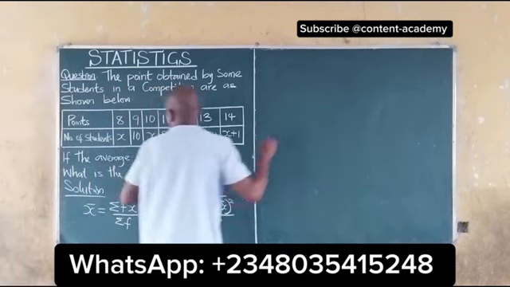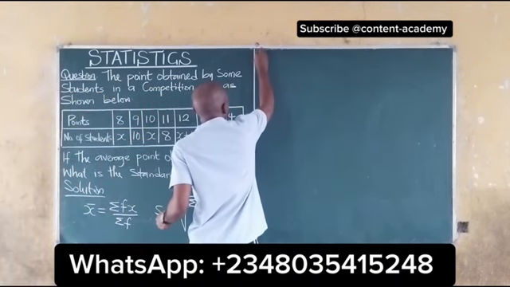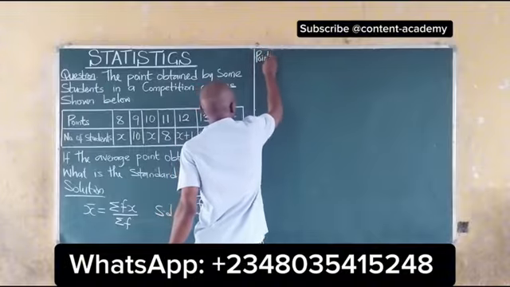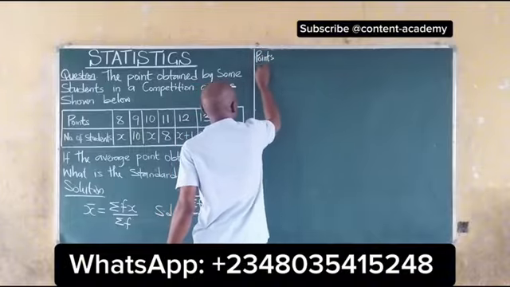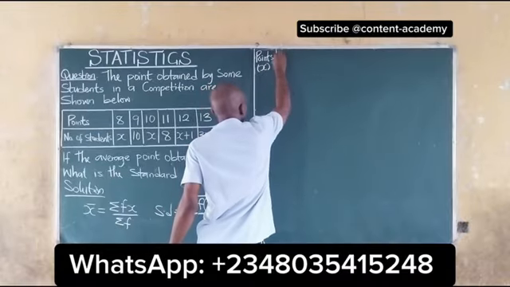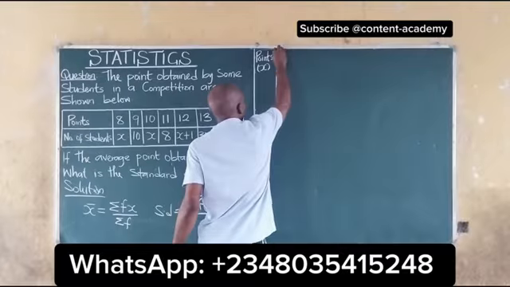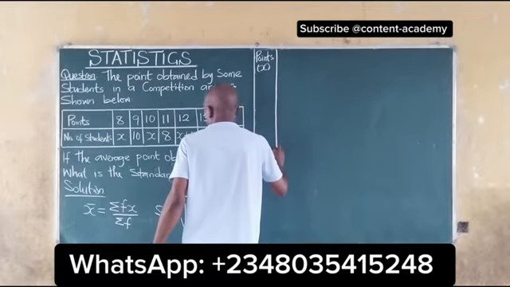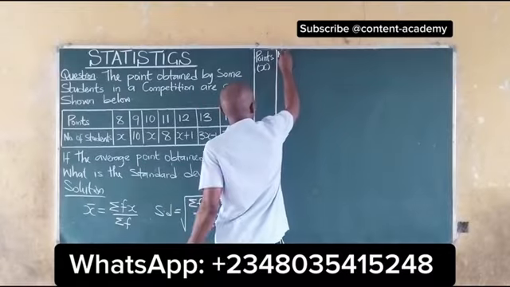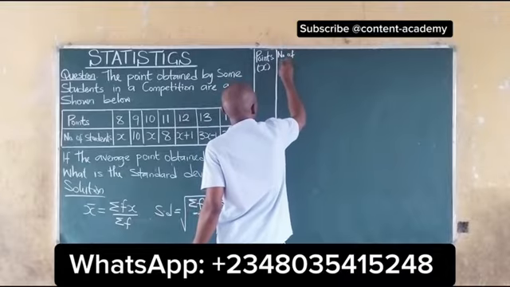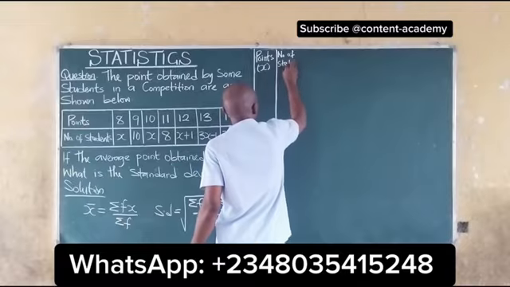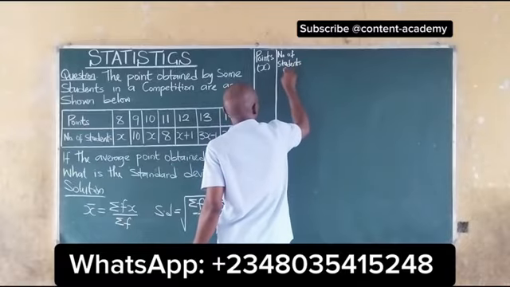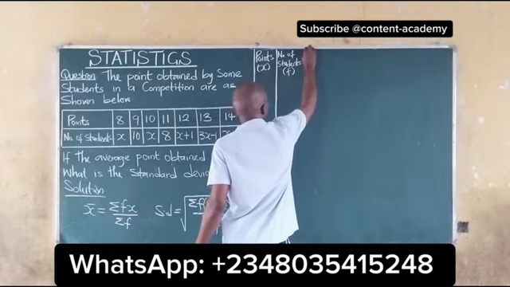First, we have the points, which is our value for x. The second is number of students, which is f.